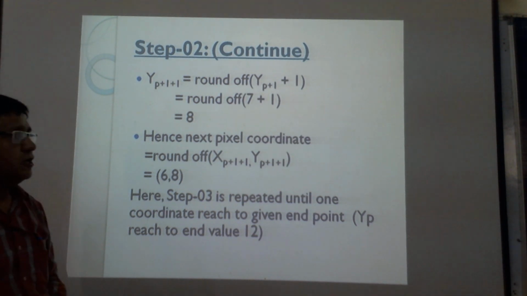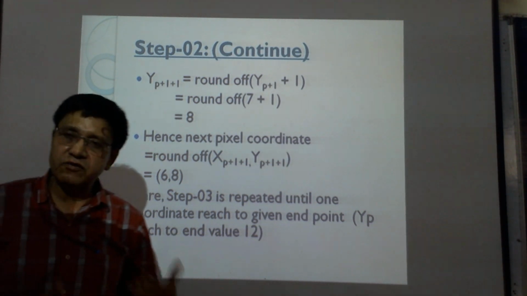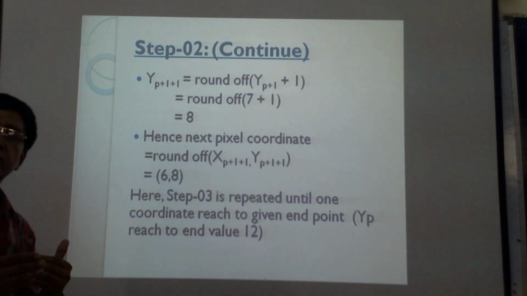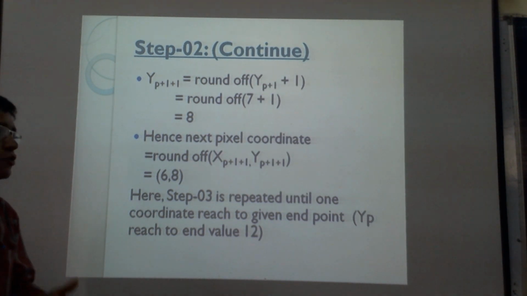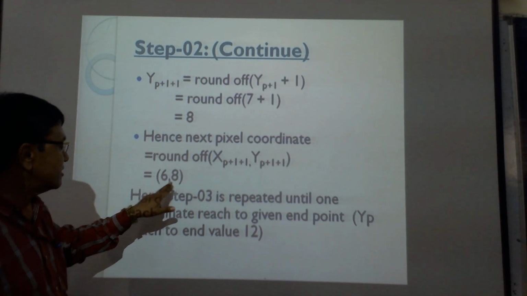Hence, the starting coordinate is already given, the first intermediate coordinate we have already calculated, and now we are calculating the third coordinate, which finally is 6, 8.